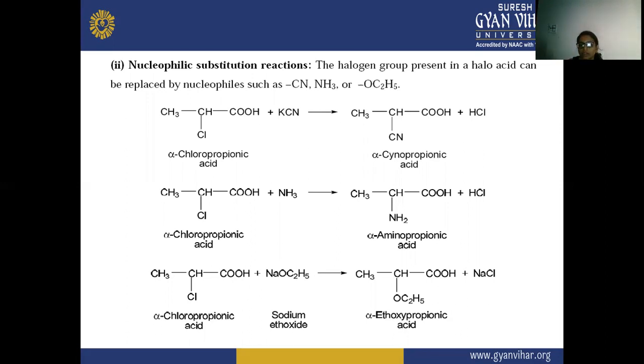Firstly, alpha cyanopropanoic acid is formed when alpha chloropropanoic acid is reacted with KCN. Secondly, when ammonia is reacted with alpha chloropropanoic acid, there is a formation of alpha aminopropanoic acid. And thirdly, when alpha chloropropanoic acid is reacted with sodium ethoxide, there is a formation of alpha ethoxypropanoic acid, plus NaCl is formed.